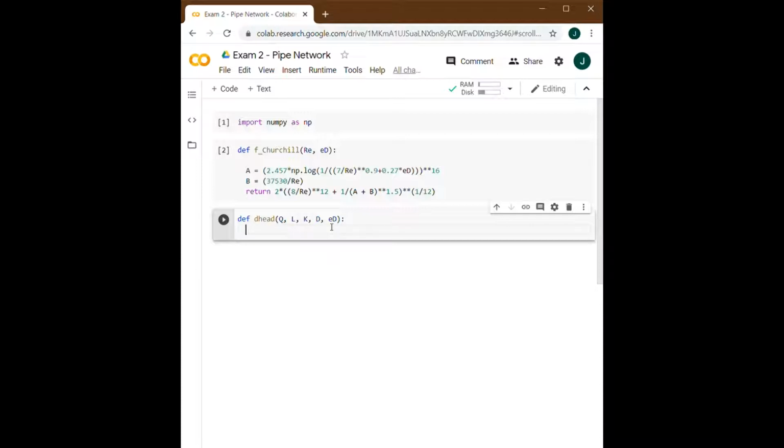The first thing we need to calculate on our own is going to be velocity.